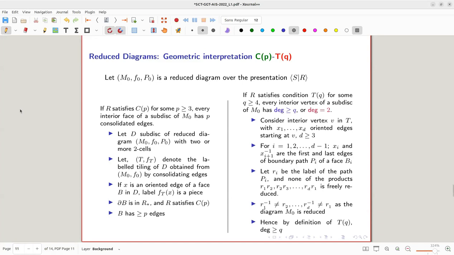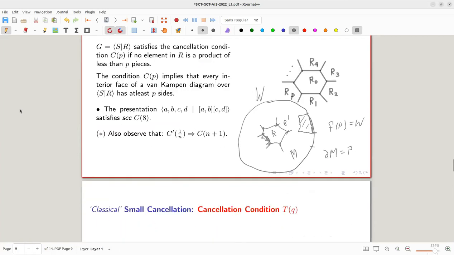Now, if x is an oriented edge of a face, so here by oriented edge we mean consolidated edge, so if x is an oriented edge of a face B in that subdisk D, you see that the label of that edge has to be a piece, just what we talked about some time back. Because if that is a consolidated edge and it is an interior face of a diagram, then there must be another face here, right?